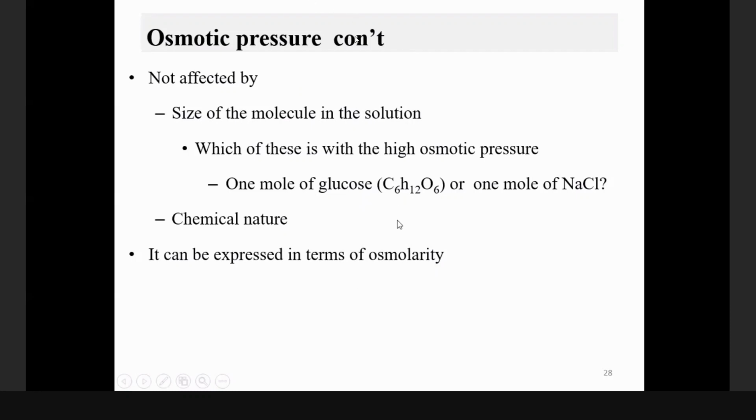Anyways, the molecular weight of glucose is greater than the molecular weight of sodium chloride, but it is sodium chloride that contributes higher osmotic pressure than glucose. So osmotic pressure is not affected by the weight, and the chemical nature. And it can be expressed in terms of osmolarity of your blood.